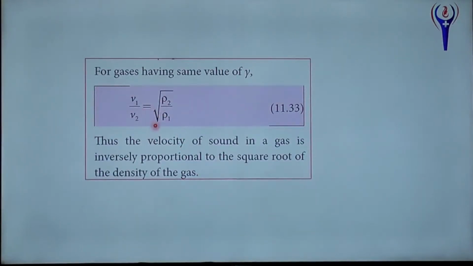Here we are assuming temperature and pressure are constant. Then V1 by V2 equal to square root of rho 2 by rho 1. So, from this what is the relationship? V is inversely proportional to root of rho. When density increases, what about speed? Decrease. V is inversely proportional to density. Okay.